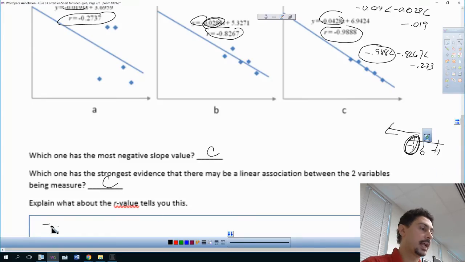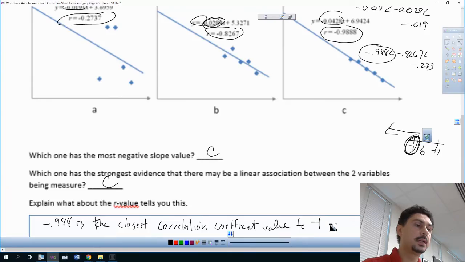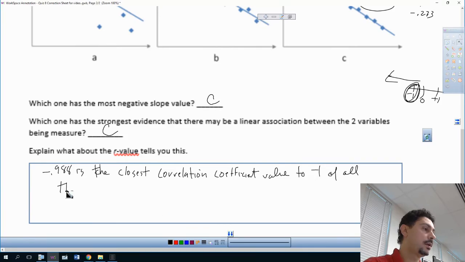You would say negative 0.988 is the closest correlation coefficient value to -1 of all the negative correlation coefficients.